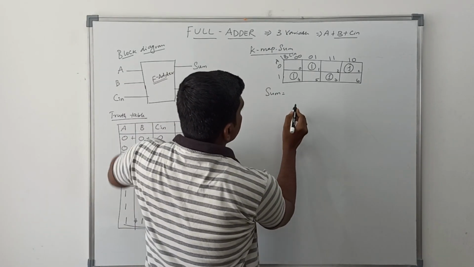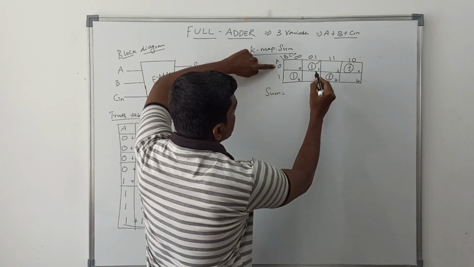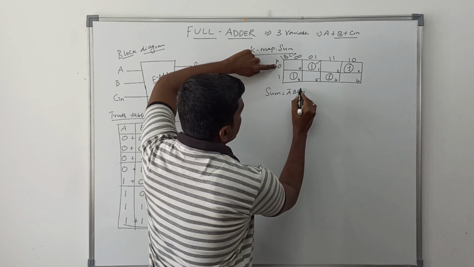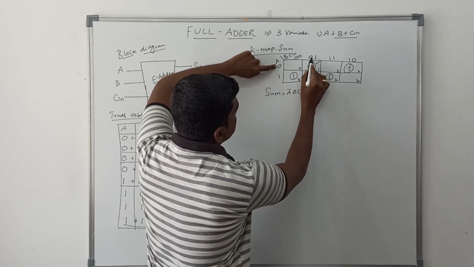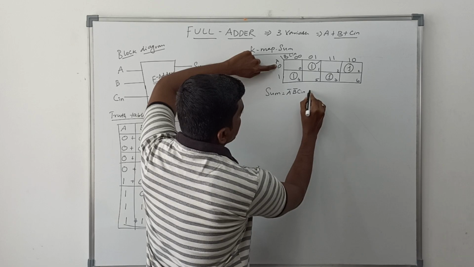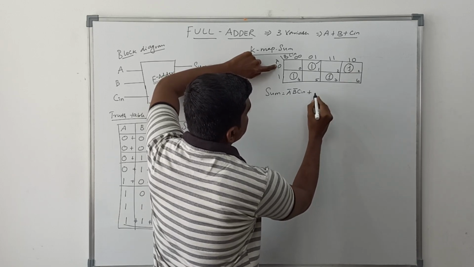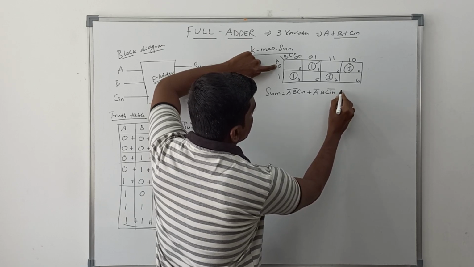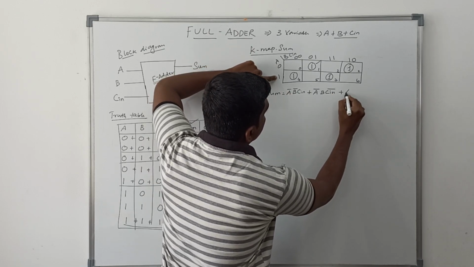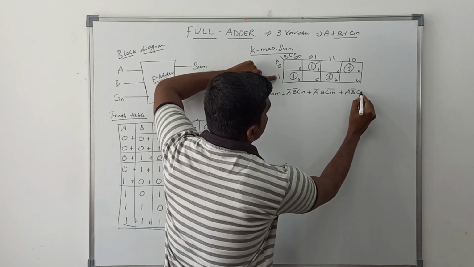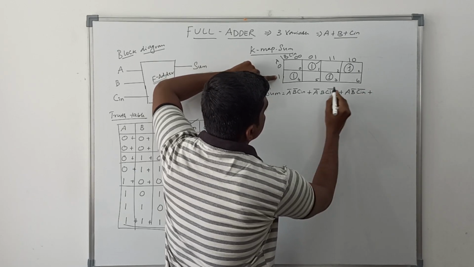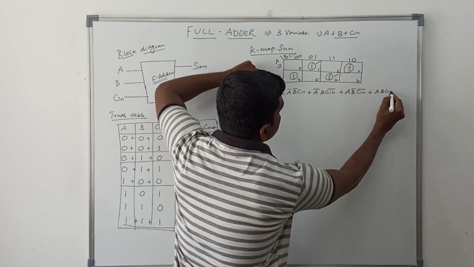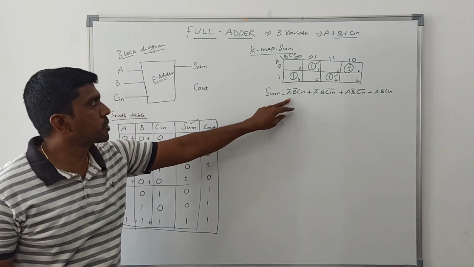Sum equals A bar B bar C in plus A bar B C in bar plus A B bar C in bar plus A B C in. So it's the Boolean expression for sum.